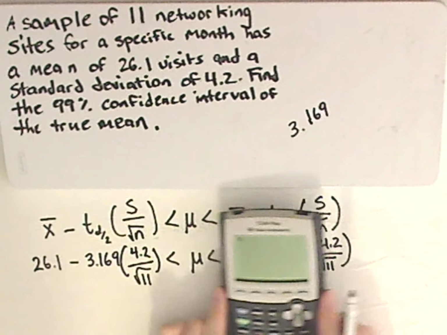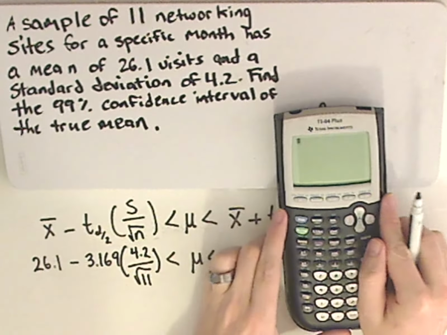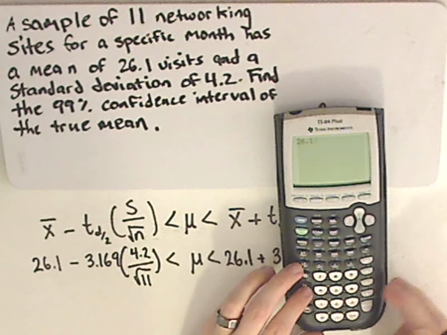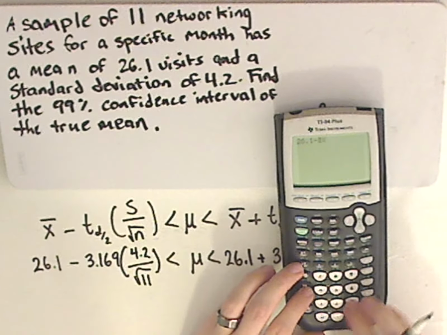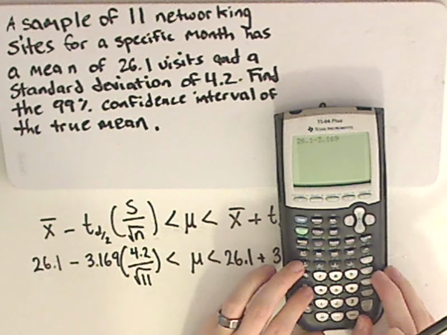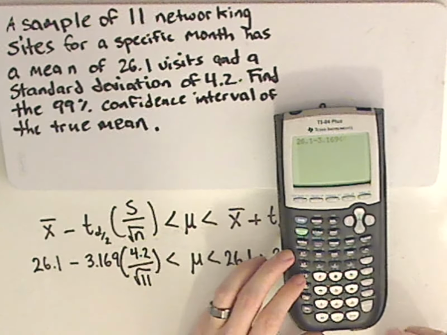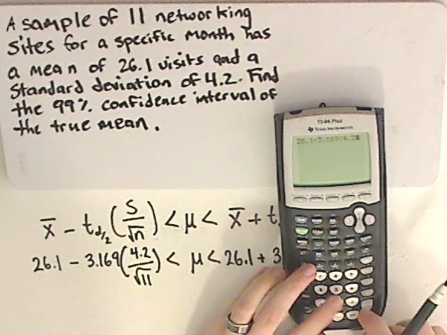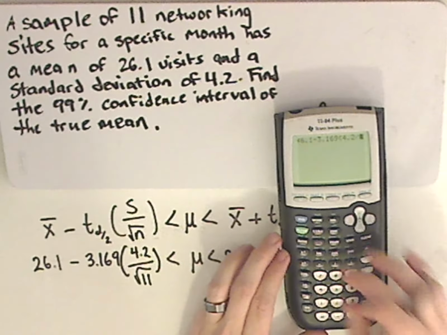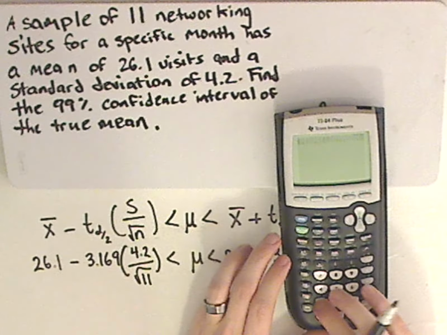So I have 26.1 minus 3.169 times parentheses 4.2 divided by square root of 11.